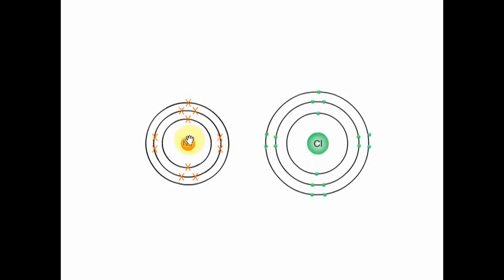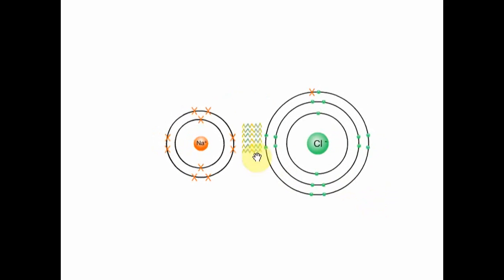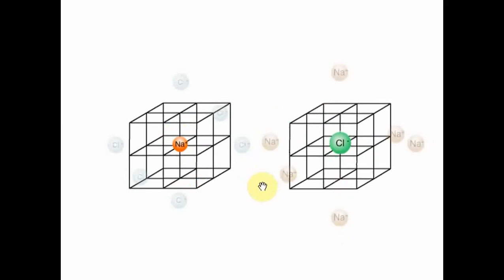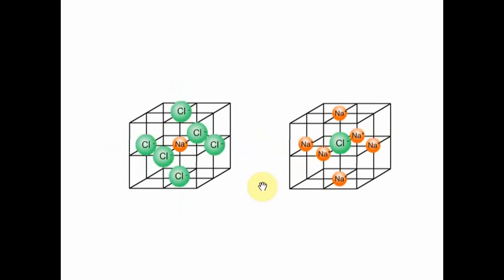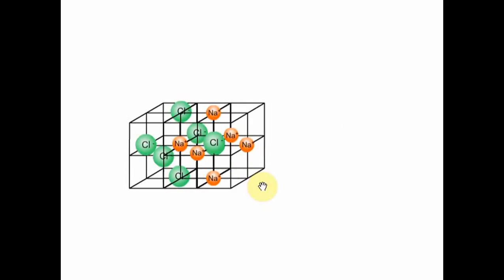Therefore, the sodium atom will tend to lose an electron to form the sodium plus ion, and the chlorine atom will tend to gain an electron to form the chloride ion. The two oppositely charged ions will be attracted by electrostatic force of attraction and will form an ionic bond to form ionic sodium chloride.